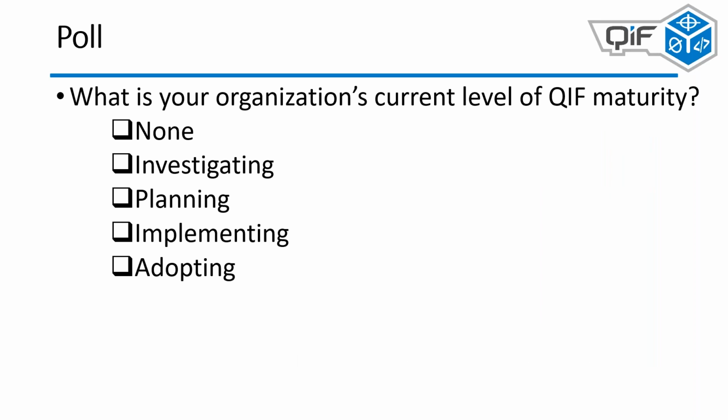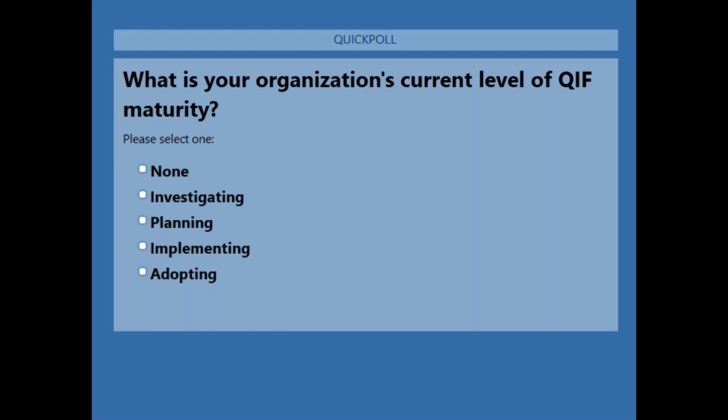So at this time, Ray is going to pop up a poll, and we're going to break up me talking with a quick poll. So you have a few minutes to fill out the poll. We're going to give you a few seconds here, and if you could take your choice that best fits your organization, where you are in QIF maturity, we'd appreciate it.